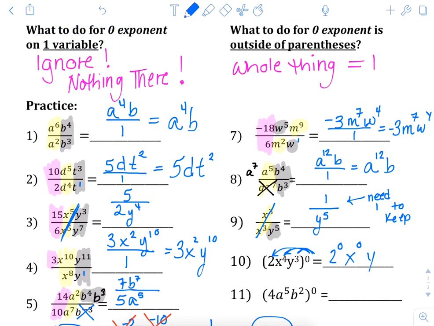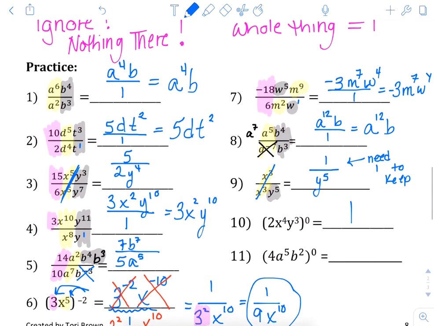There's no pieces in this problem. So what we do from the very beginning is we just put our placeholder. You could think about it like a fraction, 1 over 1. There's nothing on top, nothing on bottom, nothing there. Or you could just write 1, okay? It's just a placeholder.